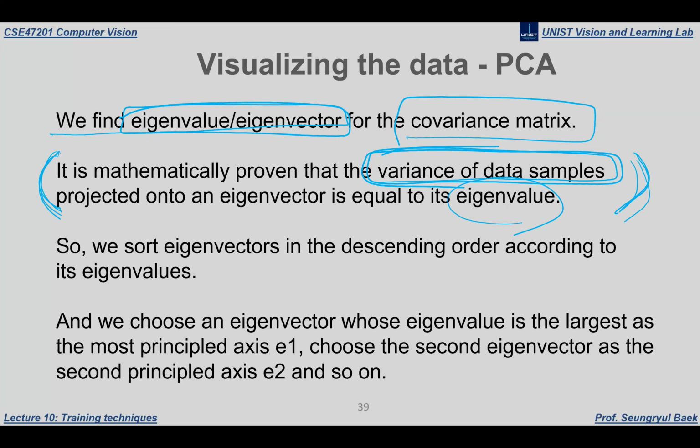So the variance of the data samples could be explained by the size of the eigenvalue.